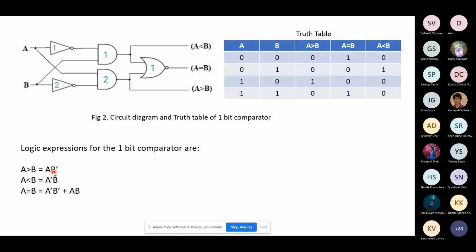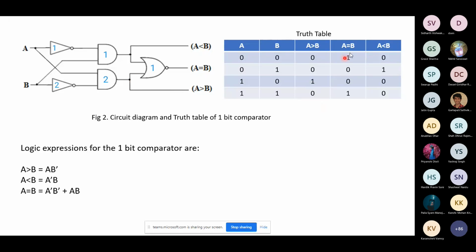That means A will be directly fed to an AND gate and B will be inverted using one inverter. Here you can see for AND gate number 2, A is coming directly and B is getting inverted, then going out of this. If you take the output from this number 2 AND gate, you will get A greater than B.